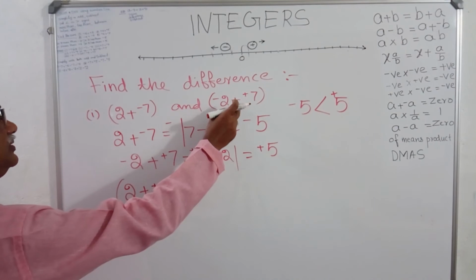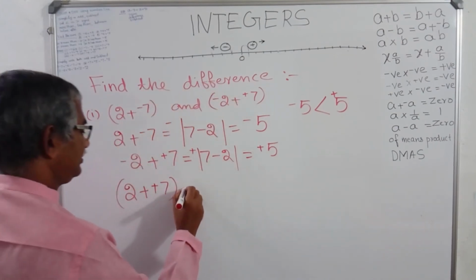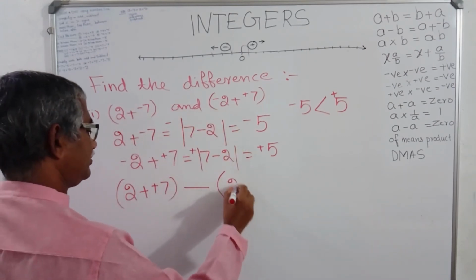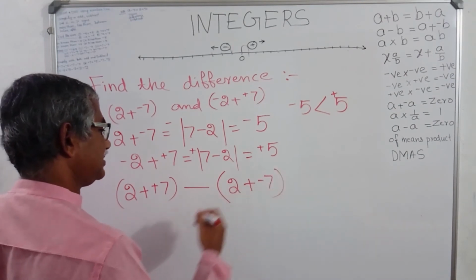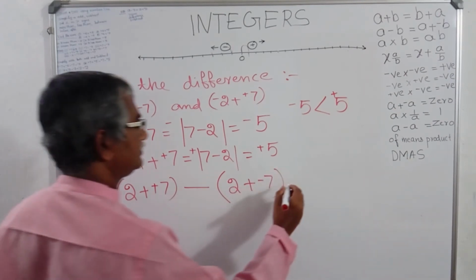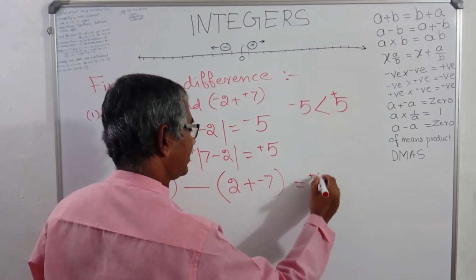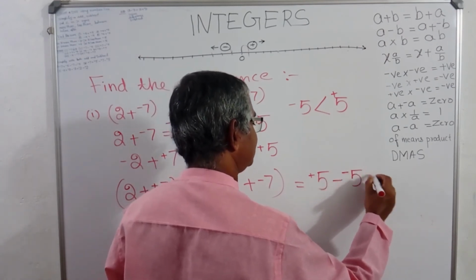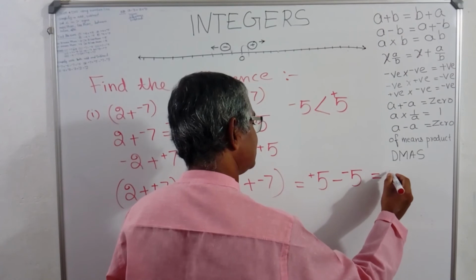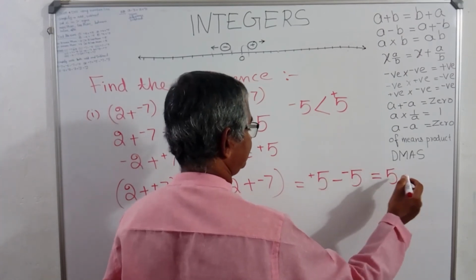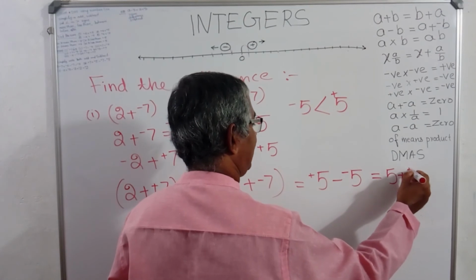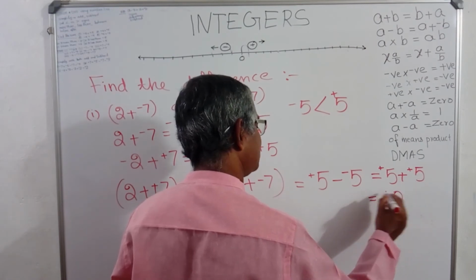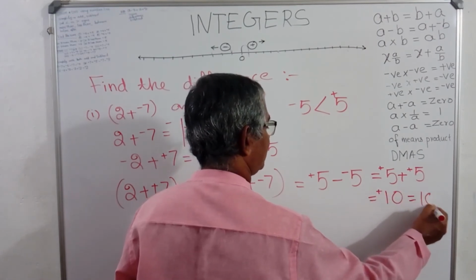We need to take the second one, then subtract the smaller one, 2 plus negative 7, which means from positive 5, negative 5 is subtracting, which means 5 plus 5. To subtract a number, its additive inverse is added. Positive 5 plus positive 5, positive 10, which is equal to 10.